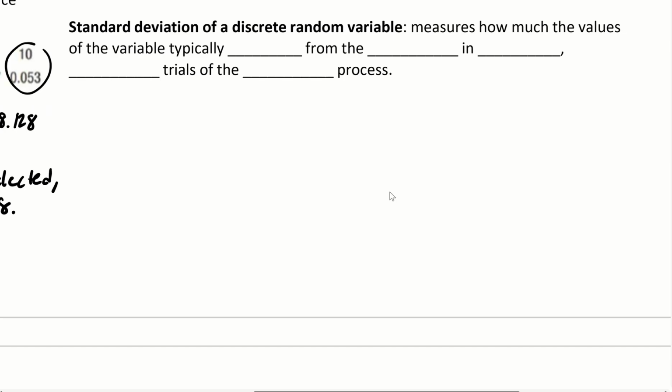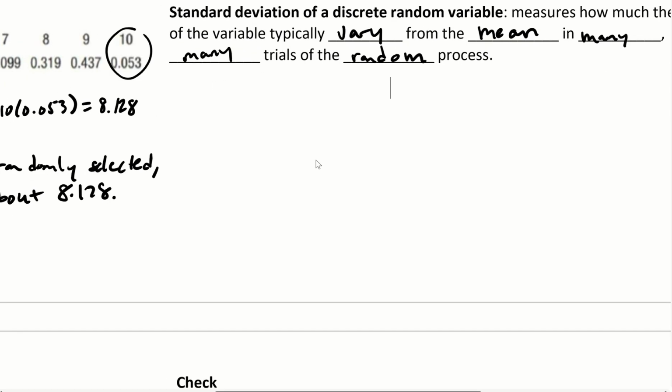The standard deviation of a discrete random variable measures how much the values typically vary from the mean in many, many trials of a random process. Remember, this is probabilistically based, so because it's a probability, we have to use the law of large numbers, and we have to do this over many, many trials. Okay?